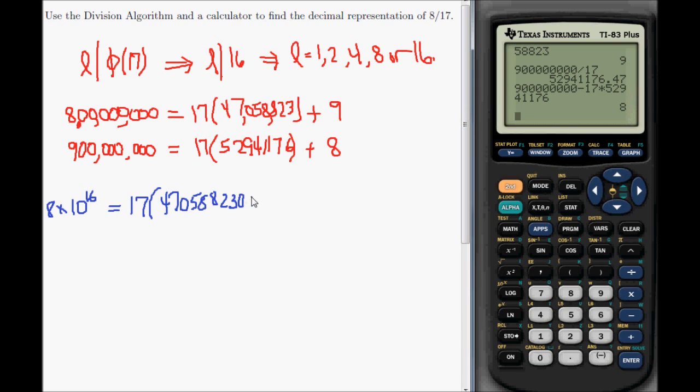Then I add on 8 more zeros, plus 900 million. Let me put in the commas so that we can see where we left off.